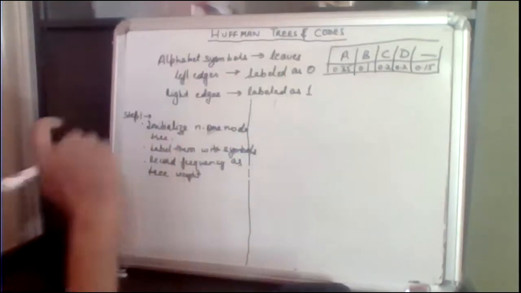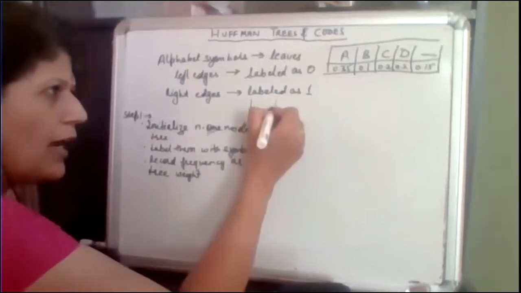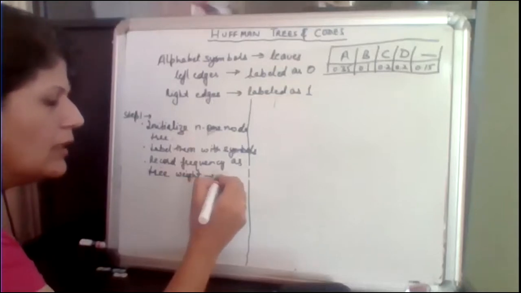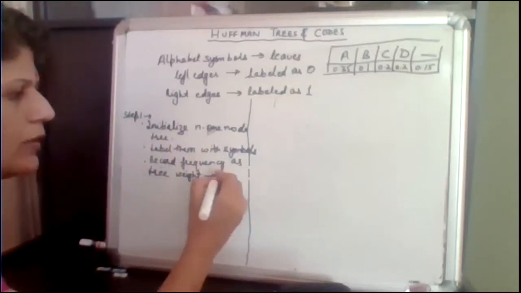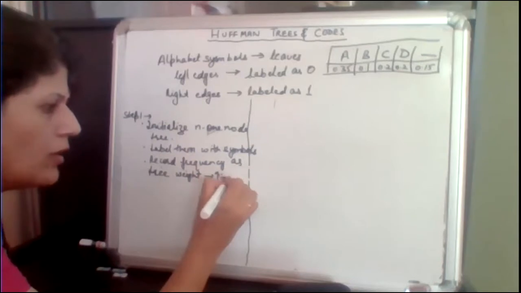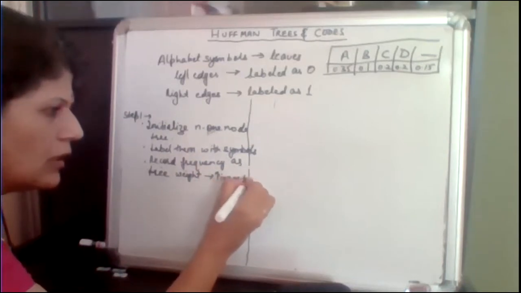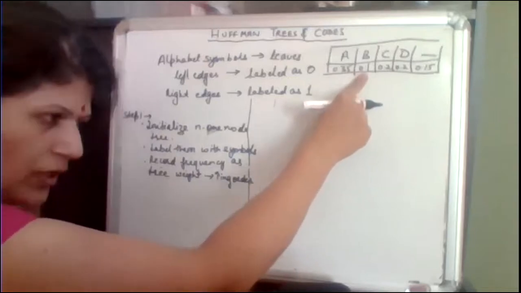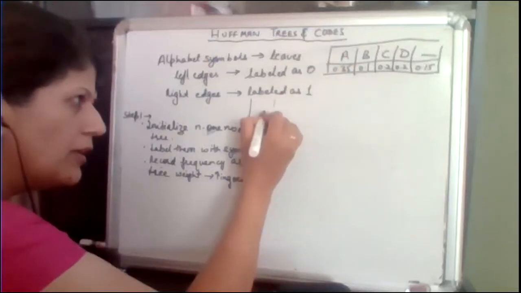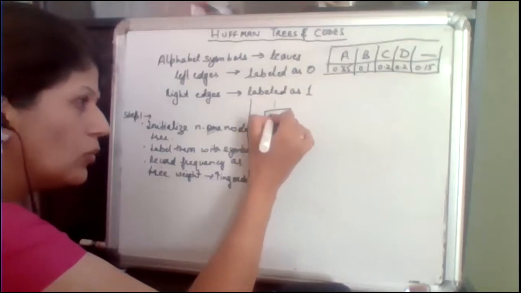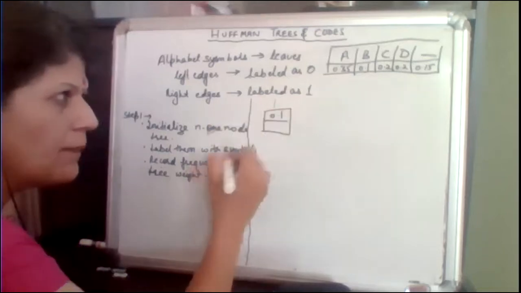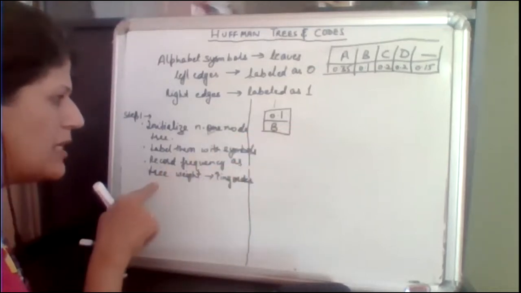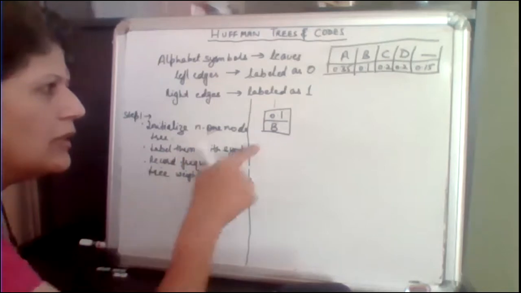So let's see what we are going to do in this case. When we are doing this, we have to put them in increasing order of the weight values. From here, the smallest value is B. So we are going to create a tree node where the root has the frequency and the leaf is the symbol. Record the frequency and label them with the symbol.